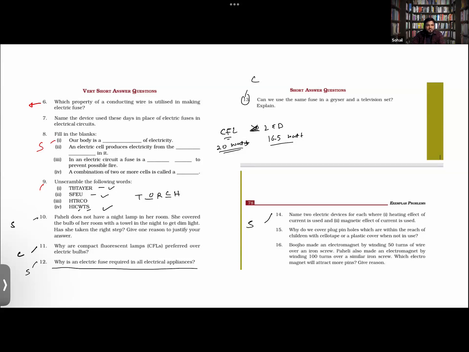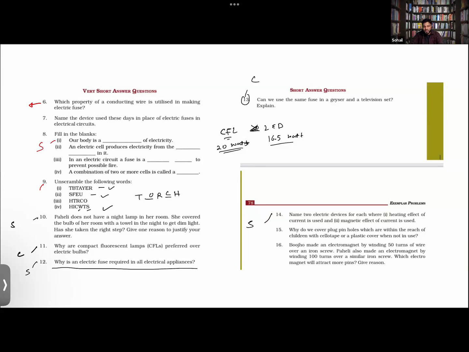So if we use a fuse that is too small, it can blow out, or it'll be overheated so that there can be a fire. And for a TV, using a too large fuse may not provide protection if there is a short circuit.